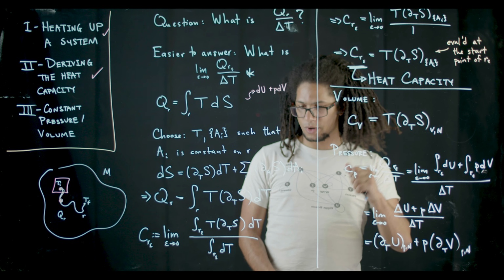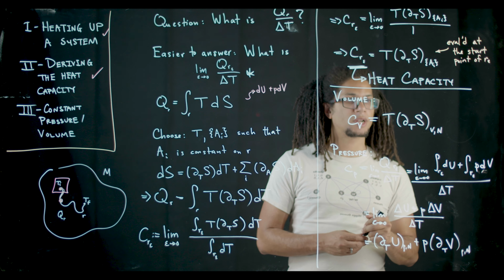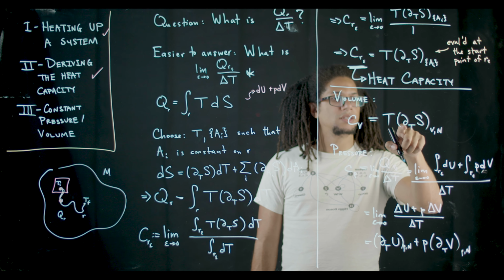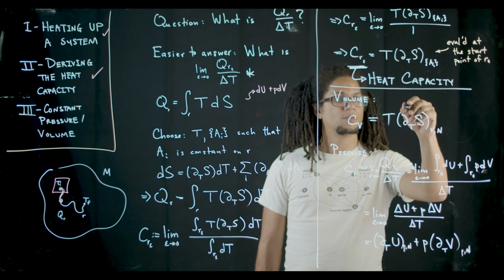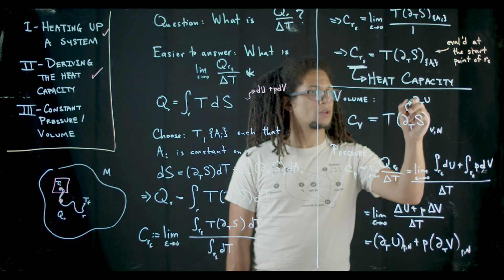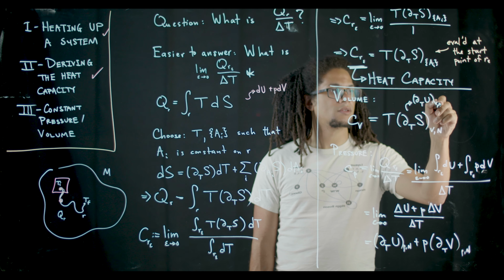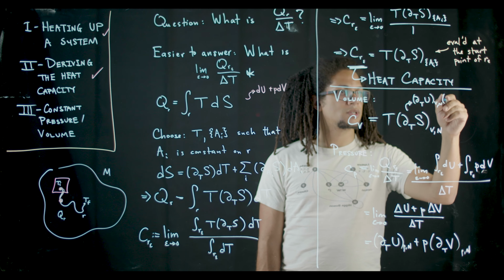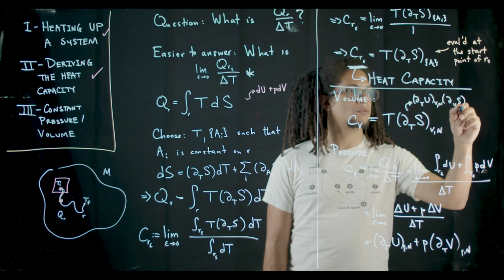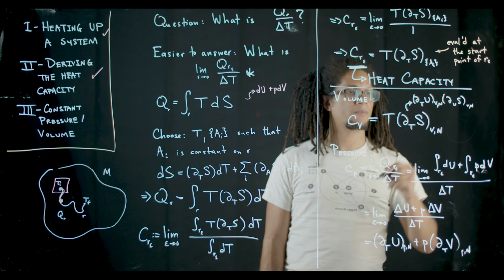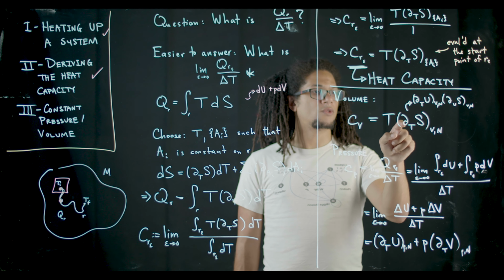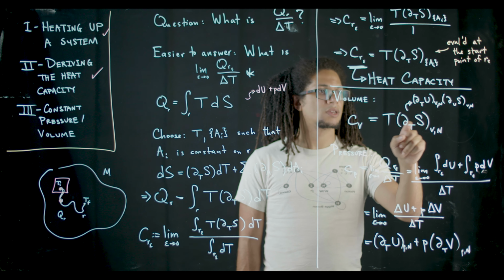But let's notice that I can say the partial of T with respect to U, fixing V and N, times the partial of U with respect to S while fixing V and N, and replace that here for the partial of T with respect to S.